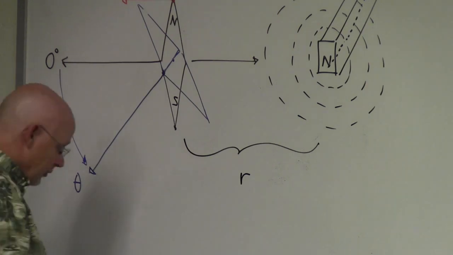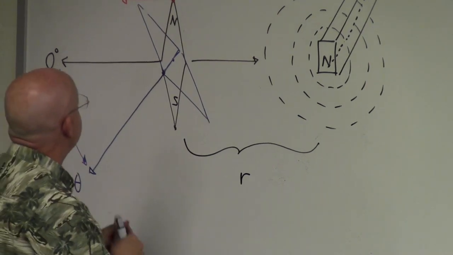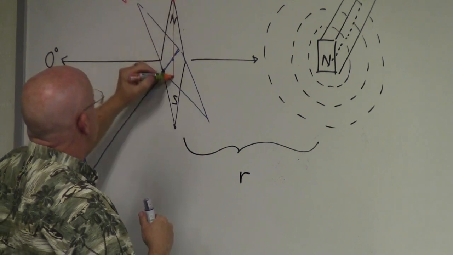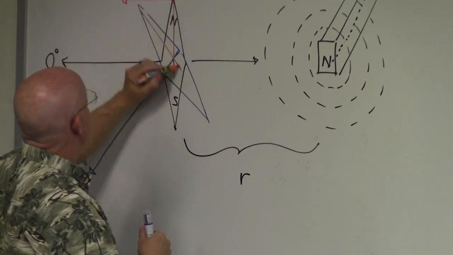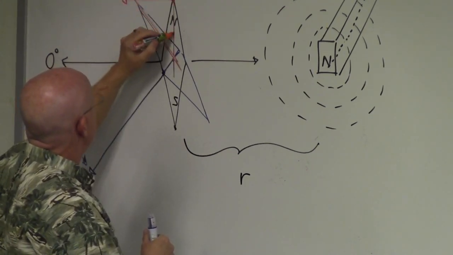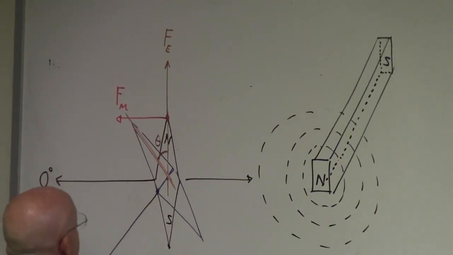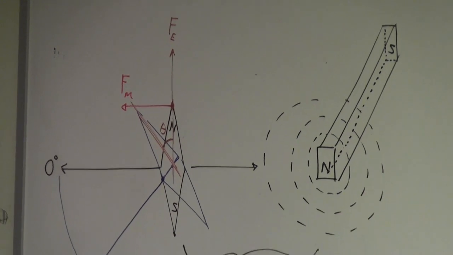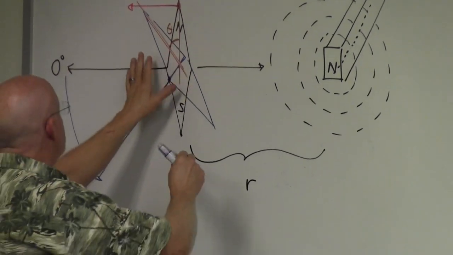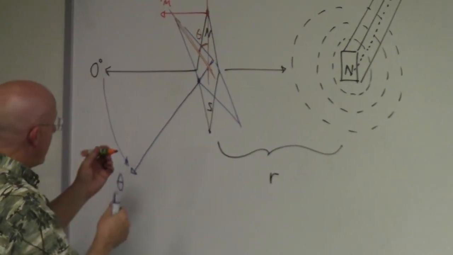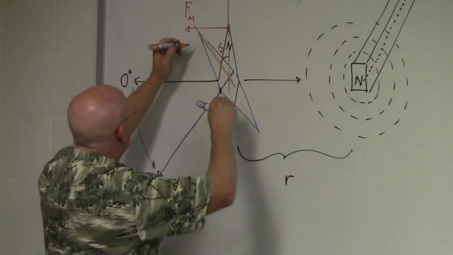And so if I draw that up here, it would look like this. There would be an angle theta. And of course, at this particular location, once it settles down, here's what we would know.